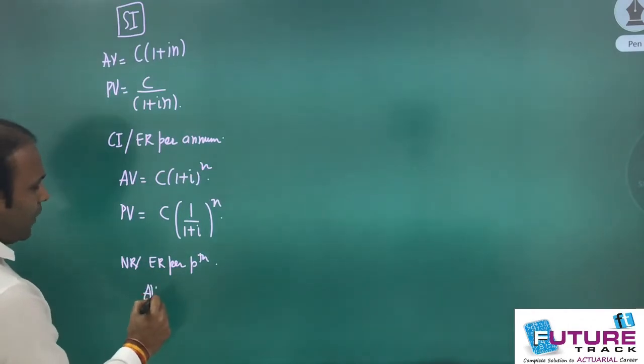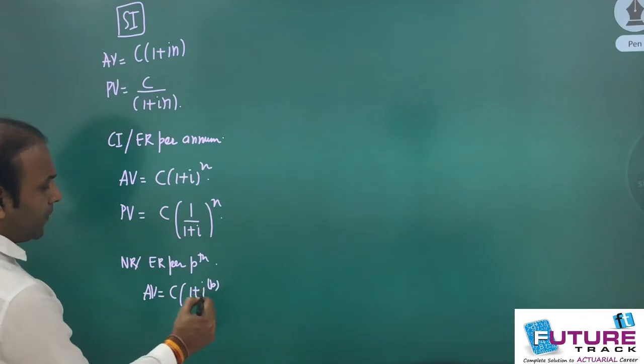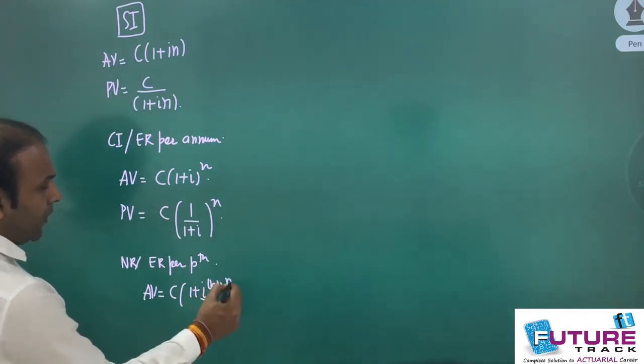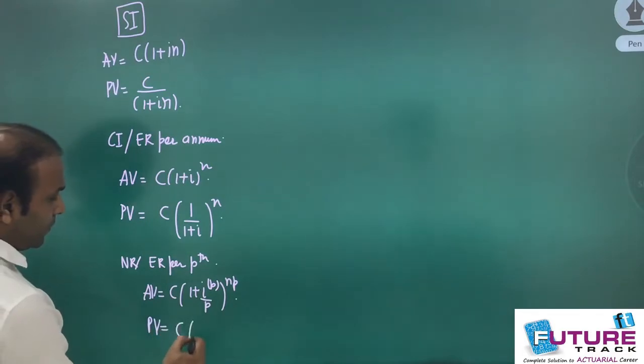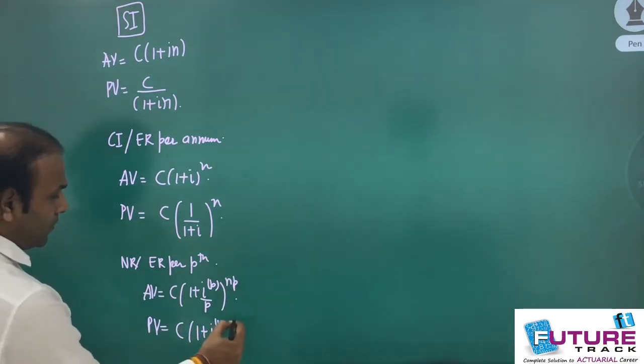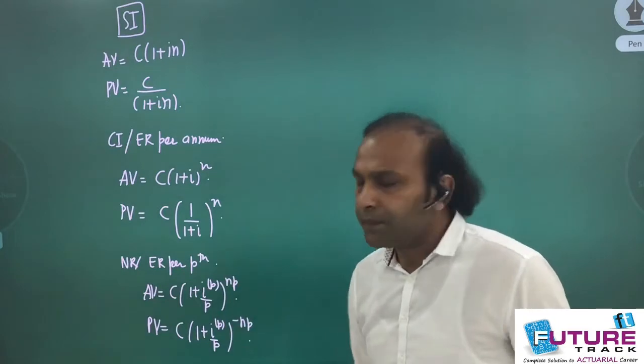Accumulated value formula C(1 + i^(p)/p) raised to power np, and present value this. Fine. So we have seen all this stuff in the last class.